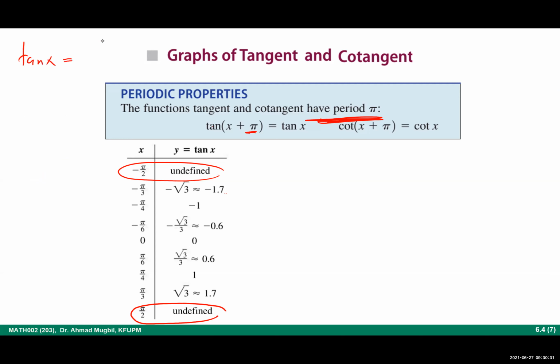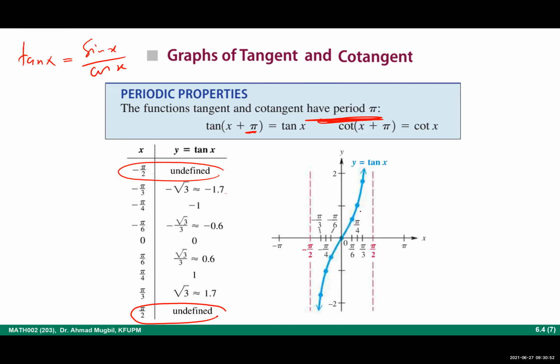Let me just put there sine x over cosine x. So it is undefined at pi over 2 and negative pi over 2 because at these values cosine will be 0. So we have vertical asymptotes at these. If you plot these points, you will get a graph like this, and these are the vertical asymptotes.